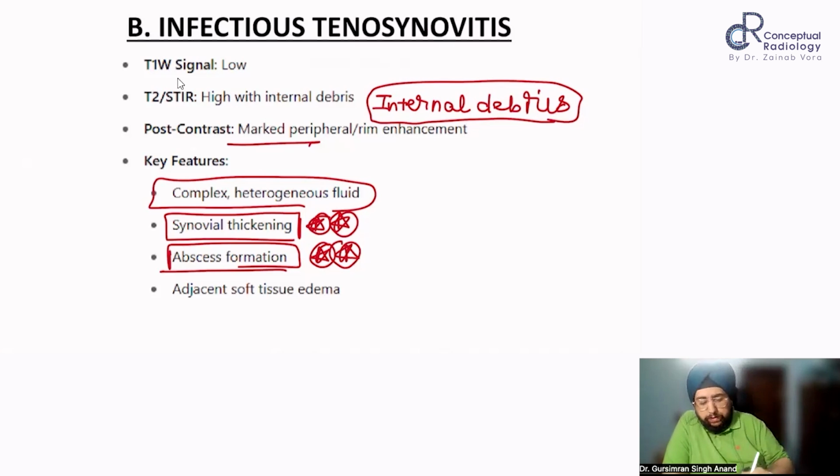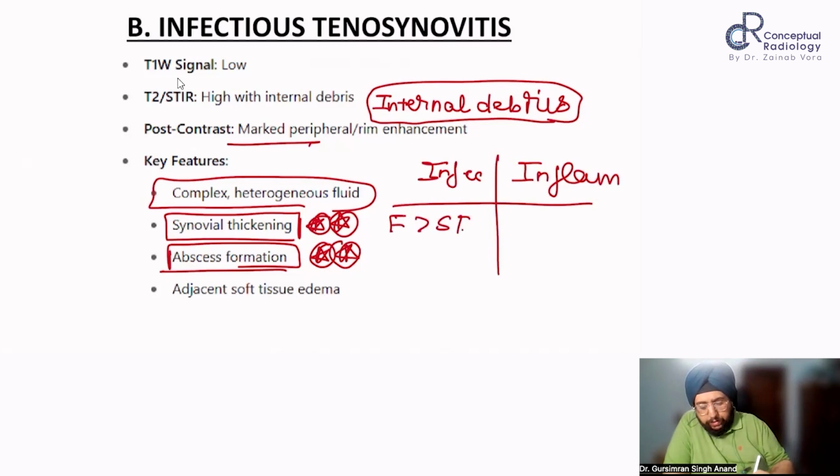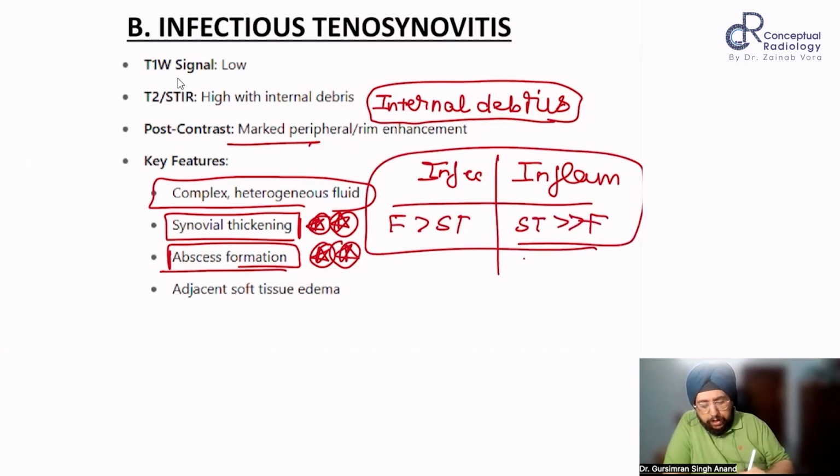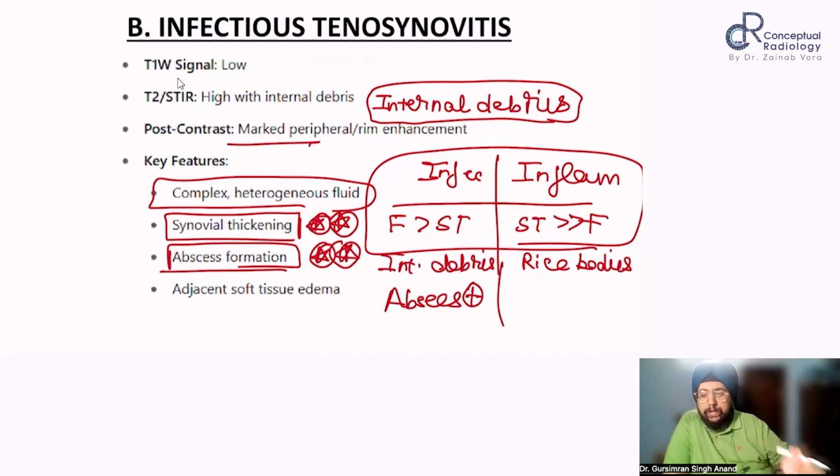Okay, so if somebody asks you to compare the infectious and inflammatory, herein the fluid will be more than synovial thickening, and here the synovial thickening will be much more than fluid. Okay, and you can also somewhat see rice bodies here, and here you will be seeing your internal debris. Abscess formation can be seen here in advanced cases. You will not be seeing any abscess formation in cases of inflammatory tenosynovitis. Okay.